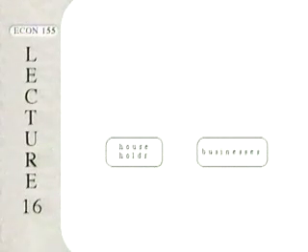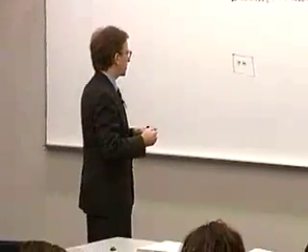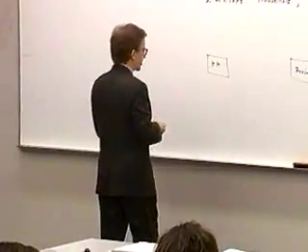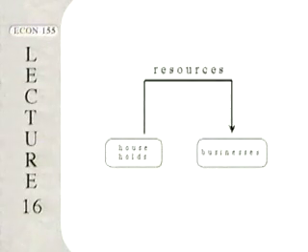Now the household sector and the business sector are tied together in our economy in two different ways. Here's one way. The household sector supplies factors of production or resources, and let me just draw this going this way, where we say resources or factors of production.